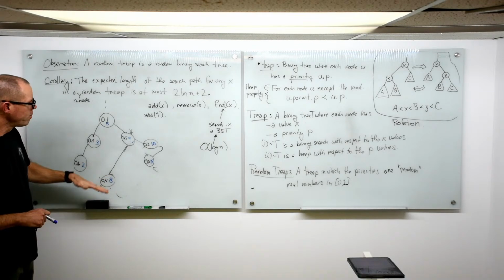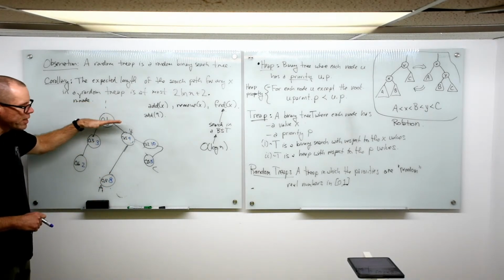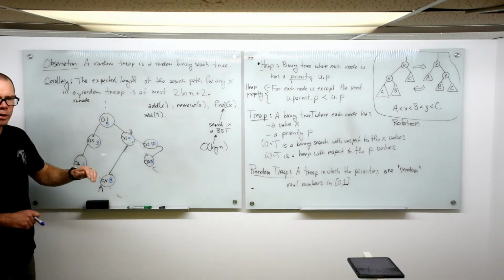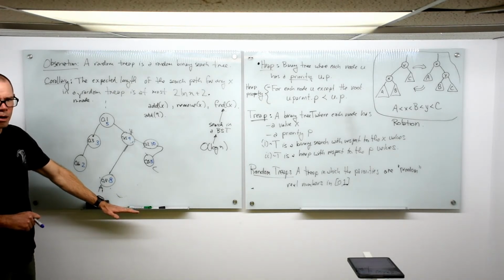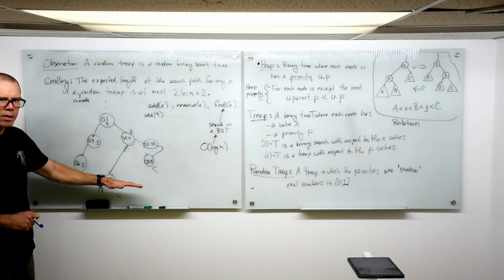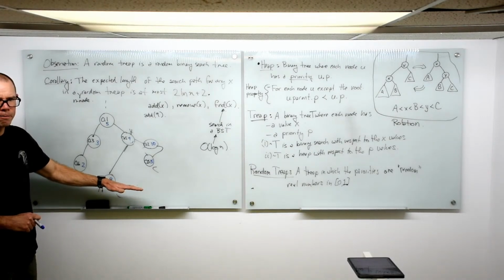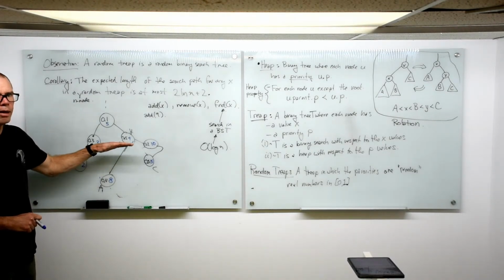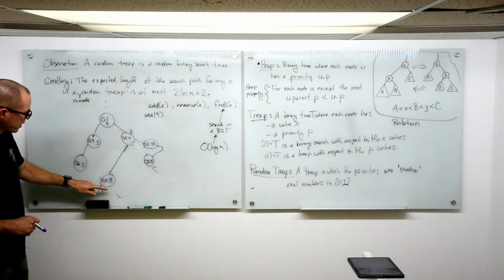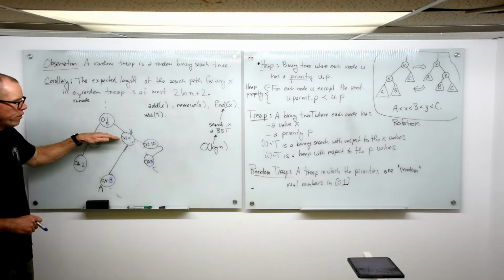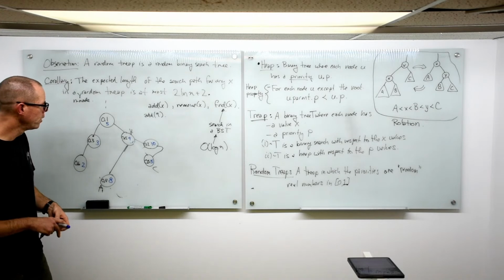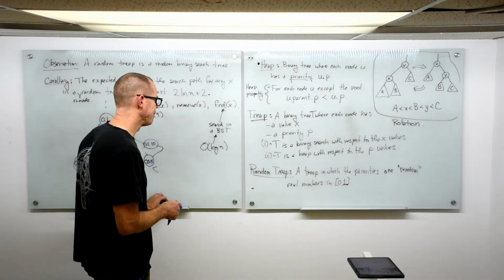So the algorithm is you just add the thing as a leaf, you give it a random priority, and as long as its priority is smaller than that of its parent, you rotate it so that it replaces its parent. You keep doing that until this thing lands in the right place. In this example, we managed to do it after 2 rotations. This thing finished in the correct place. All right, that's good.